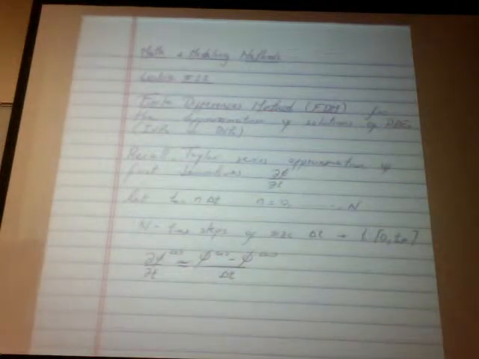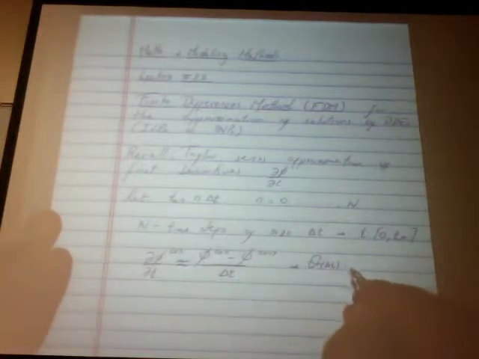If we have phi at time n and we have phi at a previous time step, we subtract the two divided by the size of the time step, and that is an approximation of the first derivative. And this is order delta t accurate. This is what's called first order accurate. So the smaller you make delta t, the better the expected error linearly with delta t. If you shrink delta t in half, you expect the error to be cut in half. That's what order delta t accurate means.